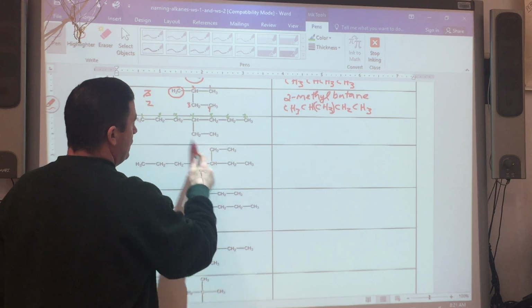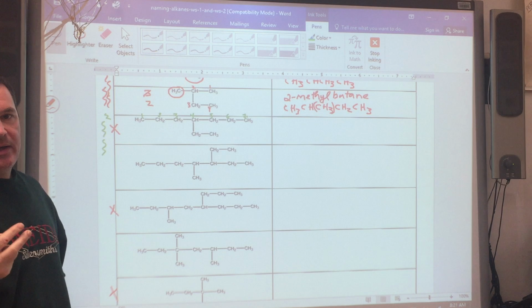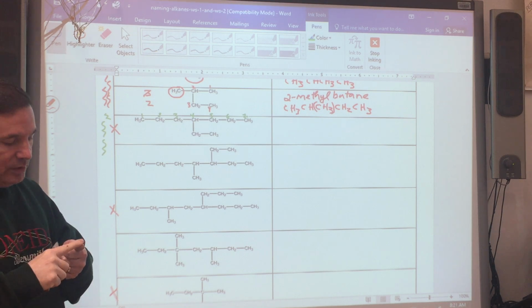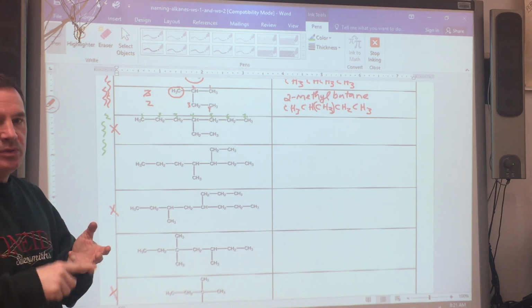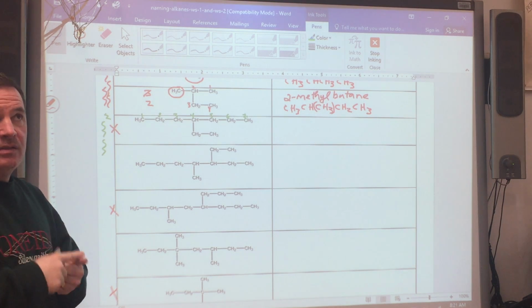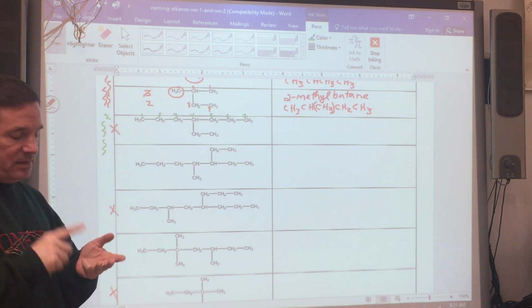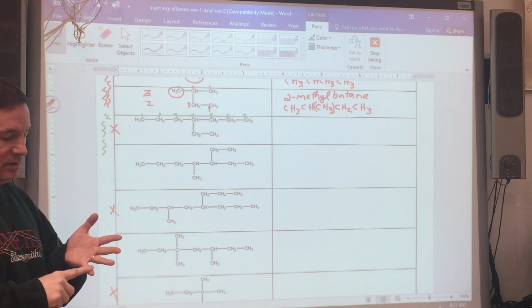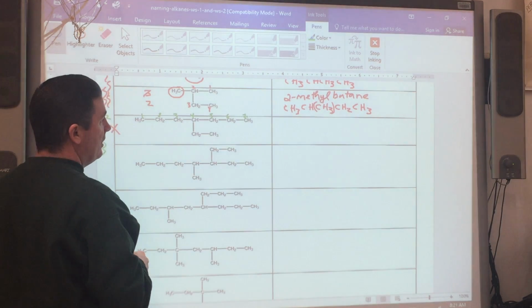Okay, so what is this? This is the substituent, and it has 2 carbons. Reminder of your numbers. 1 is meth, 2 is eth, 3 is prop, 4 is but, 5 is pent, 6 is hex, 7 is hept, 8 is oct, 9 is non, 10 is dec. So we've got a heptane here.